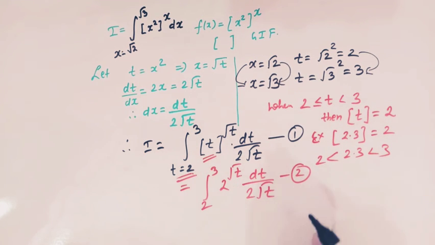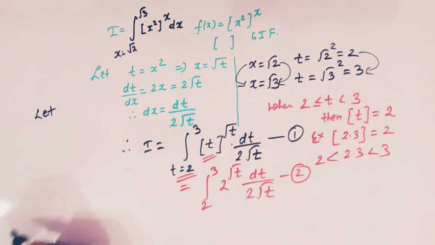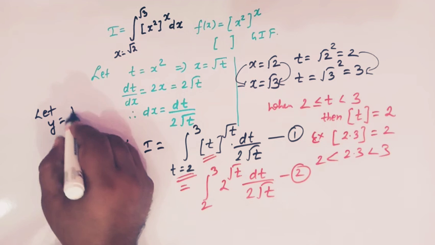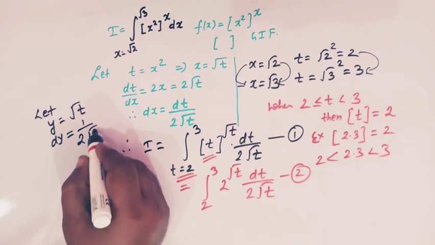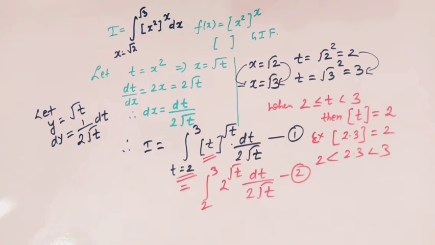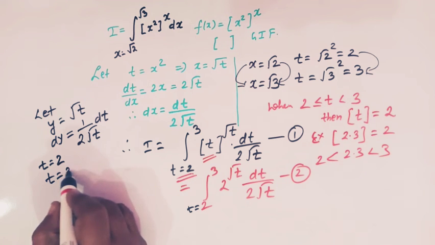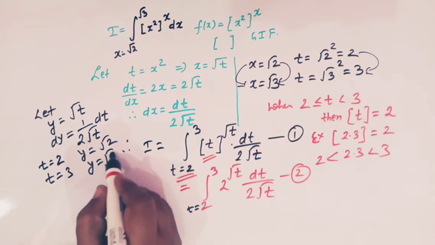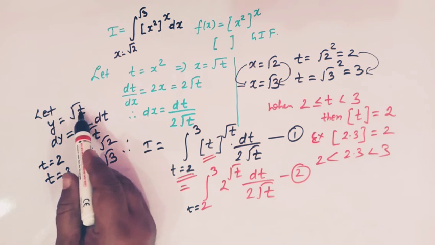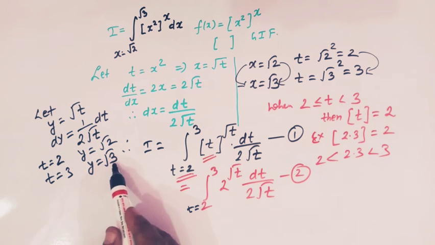Now let us again make a substitution here, and let us substitute y is equal to square root of t. So dy is equal to 1 over 2 square root of t dt. When t varies from 2 to 3, then y varies from square root of 2 to square root of 3, because when t is equal to 2, y is equal to square root of 2, and when t is equal to 3, y is equal to square root of 3.